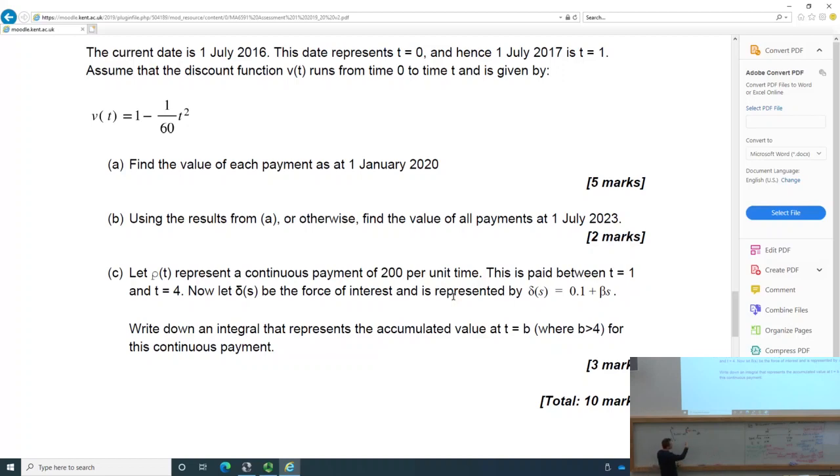A little bit problematic, not disastrous, but we won't do it here, because the reason I say that is we've got this beta s here, which we're going to integrate. So that becomes beta over 2 s squared. But of course, that's an exponential.